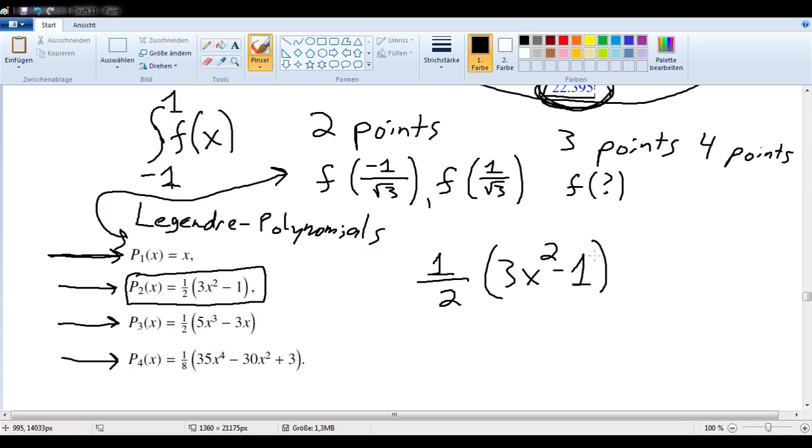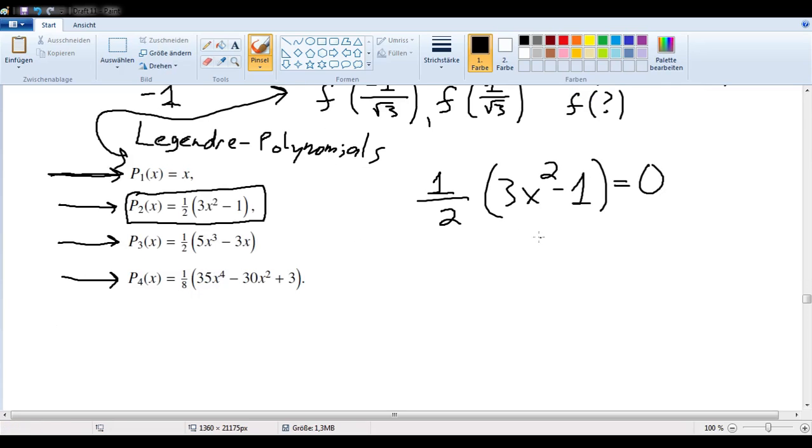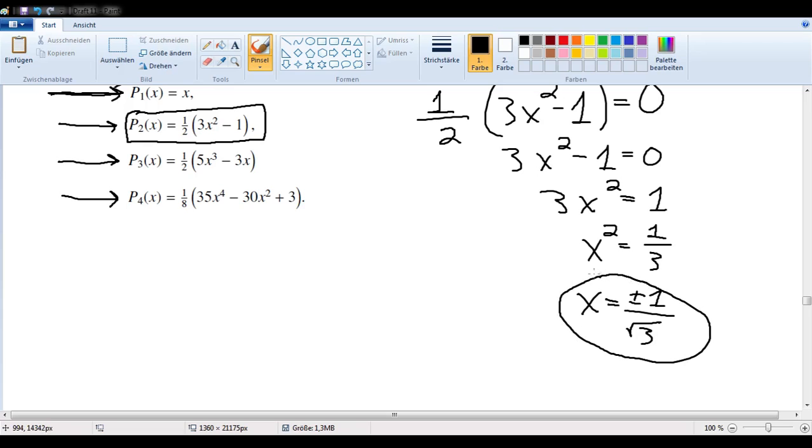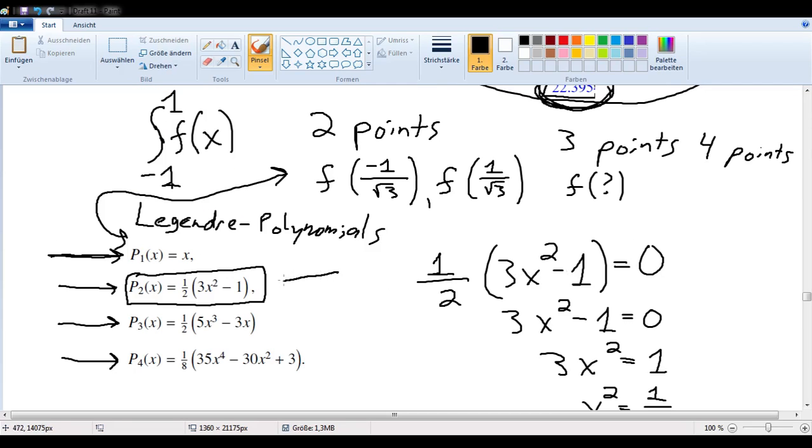If I set that equal to 0 and multiply through by 2, then I get 3x squared minus 1 equals 0, which means 3x squared is equal to 1, and x squared is equal to 1/3. And again, we have x equal to plus or minus 1 over the square root of 3. So as it turns out, the zeros of this polynomial are just the points that you need to know on the curve.